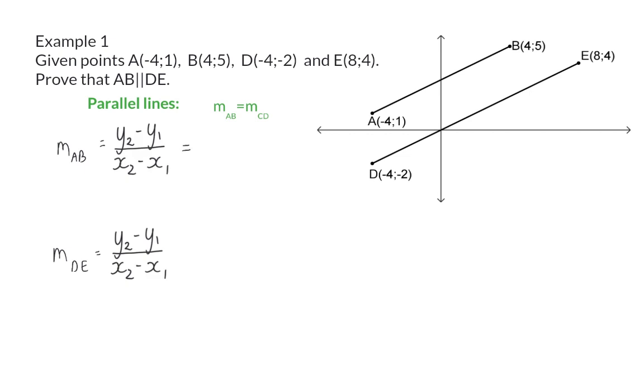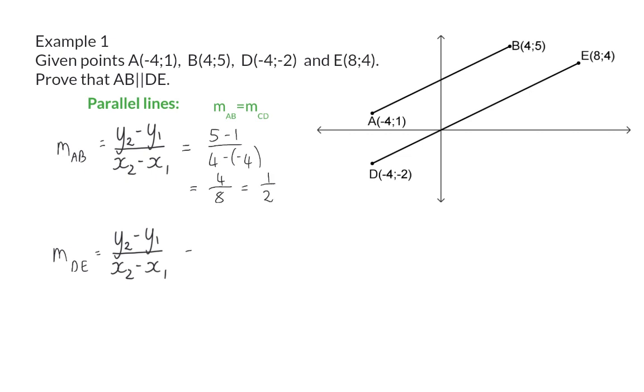And for this, I'm going to substitute into our formula for gradient, and the y values are 5 and 1, and the x values 4 and minus 4. This gives us a fraction of 4 over 8, which can be simplified to a gradient of a half.